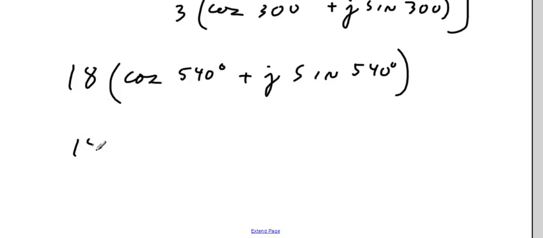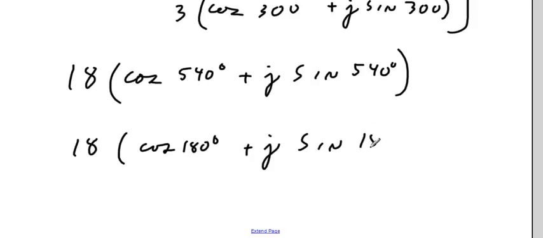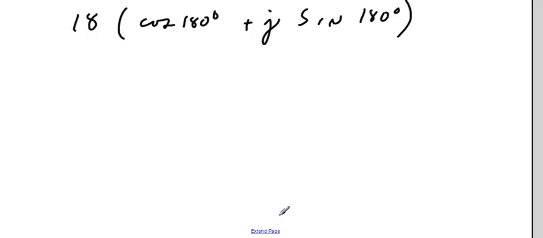So we take 360 away from 540. 540 minus 360 is 180. So that'd be cosine 180 plus j sine 180. And that would be trigonometric form, and I would leave it there.